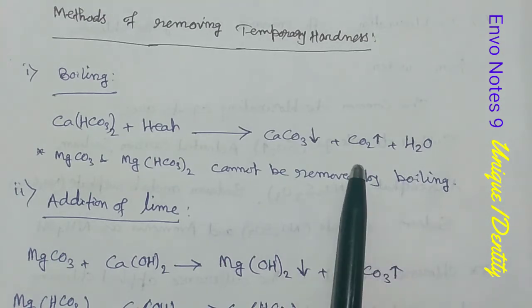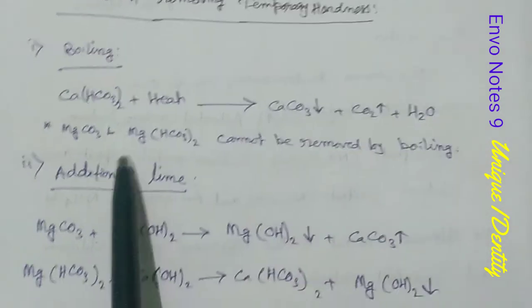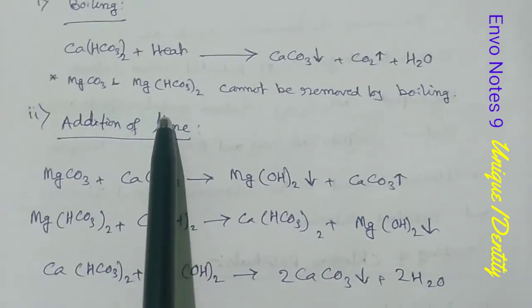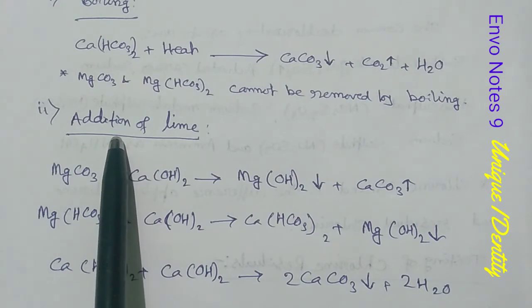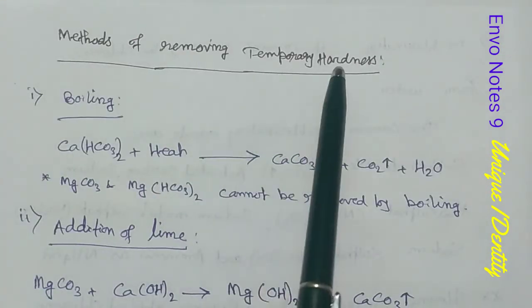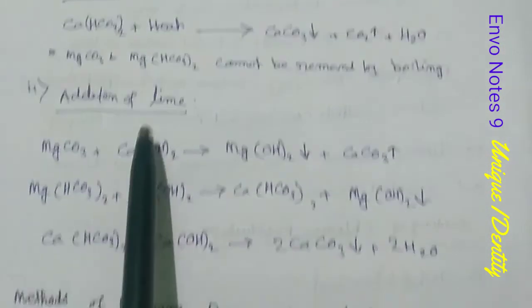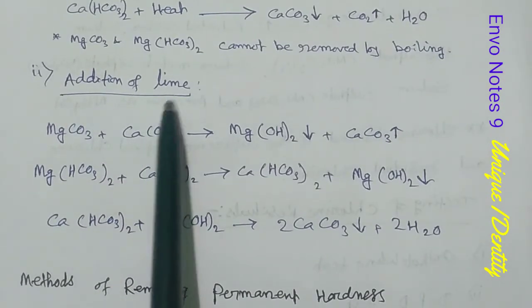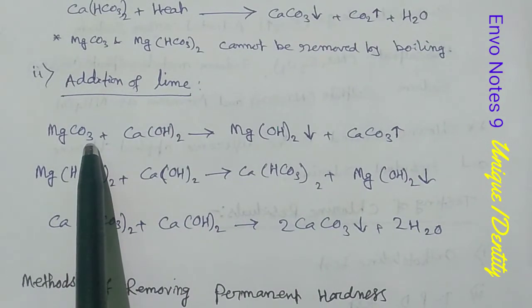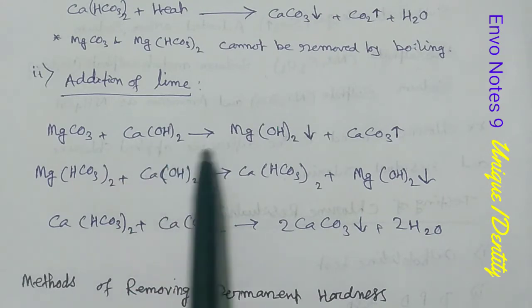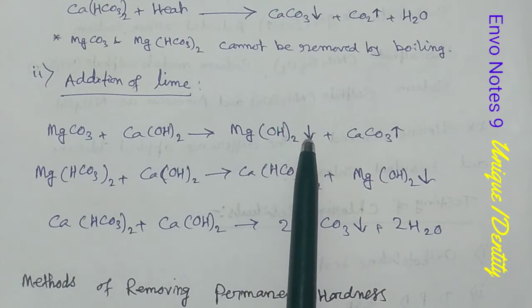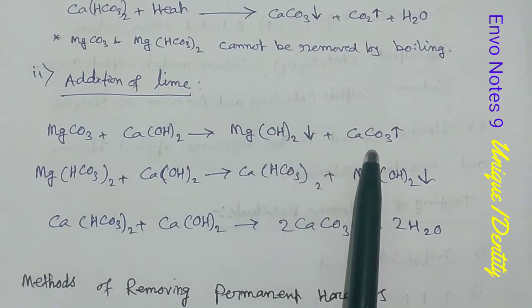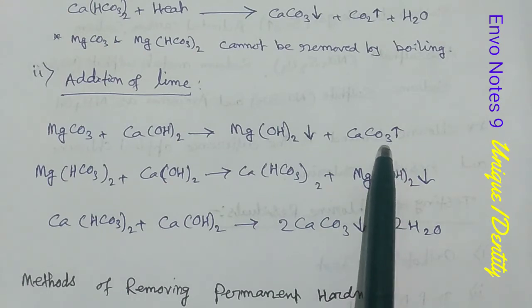So for magnesium carbonate and magnesium bicarbonate, the second process of removing temporary hardness, the addition of lime, is applied. That is, magnesium carbonate plus calcium hydroxide gives us magnesium hydroxide, which is precipitated, plus CaCO3, which is insoluble.